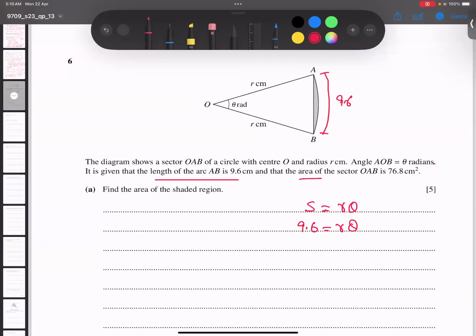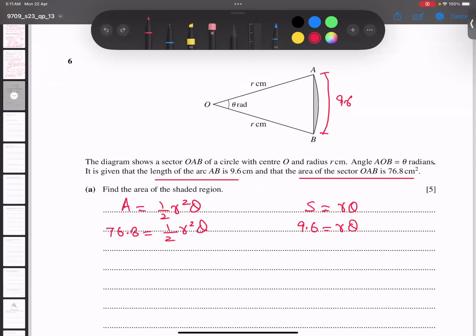And further, he's saying the area of the sector is this one. So what is the sector area? Half r square theta, so this 76.8 will come in the place of A. And what does he say further from here? We need to find the shaded area, and it is called the segment area.